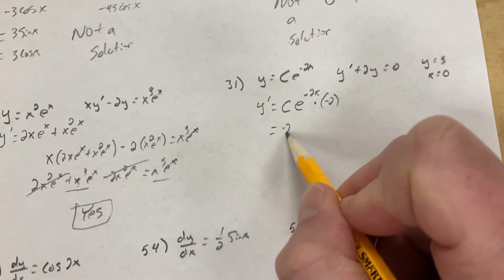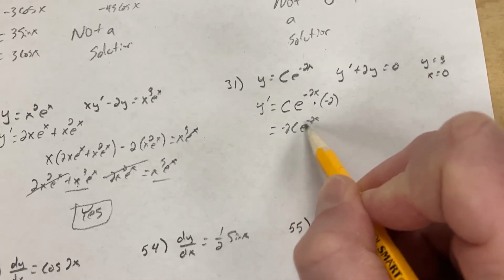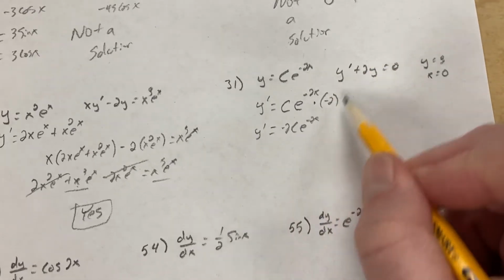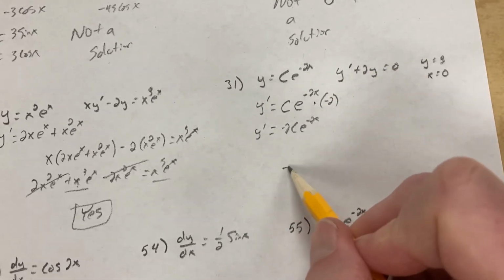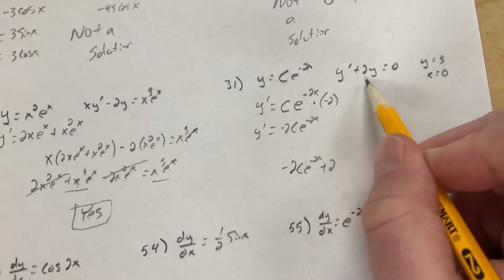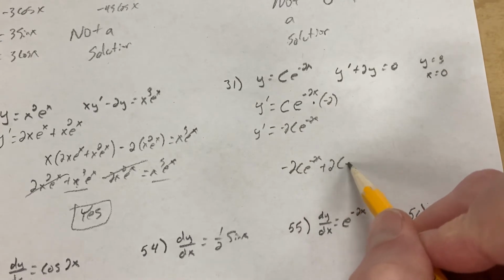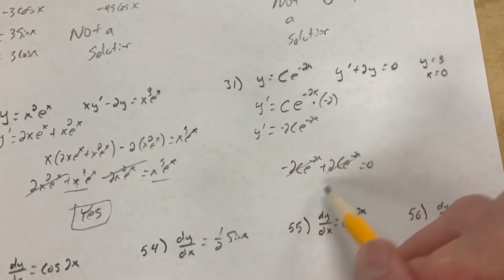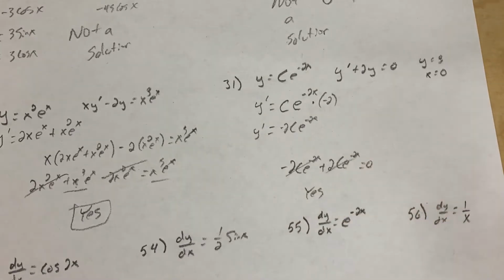So we end up with negative 2c e to the negative 2x. That's our derivative. Okay. So now the function here, it says y prime, which we just found, negative 2c e to the negative 2x, plus 2 times y, which is c e to the negative 2x, equals 0. Sure enough, those cancel. So yes, this is a solution.